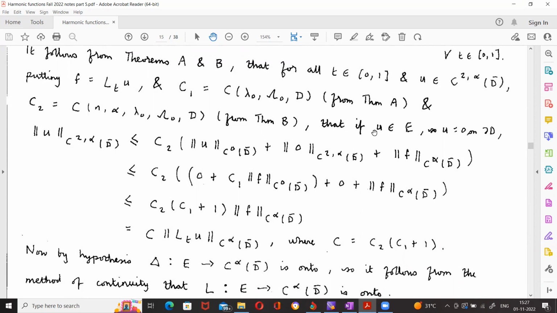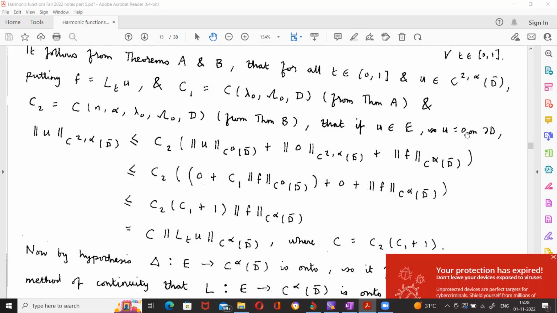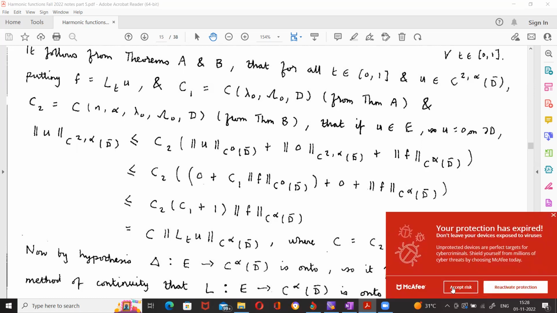Now suppose that U is in E, that means the boundary value U is 0 on the boundary of D. Then by the Schauder estimate, the C2 alpha norm of U is less than or equal to C2 times the C0 norm of U plus the C2 alpha norm of the boundary value function. The boundary value function is 0, and 0 extends to the function 0 on the whole domain, which is of course a C2 alpha function. That's my function phi in the Schauder estimate.